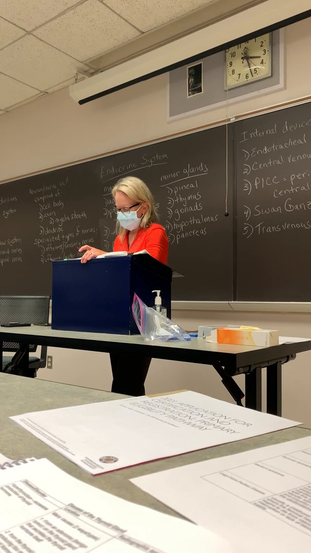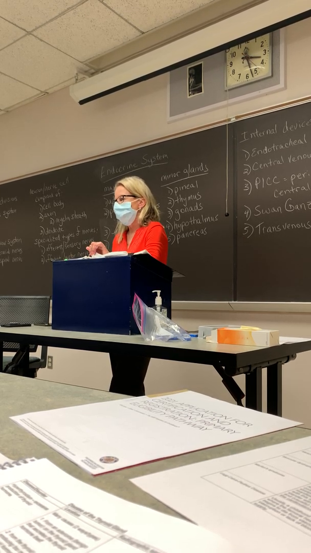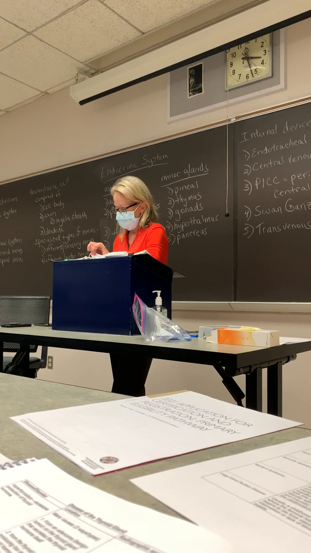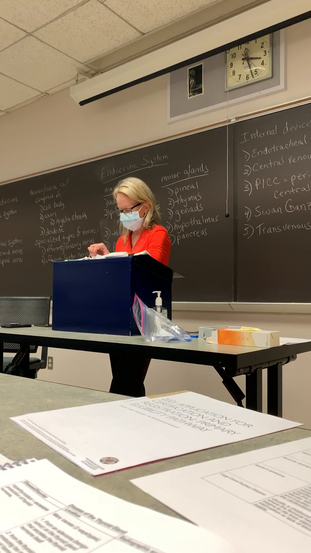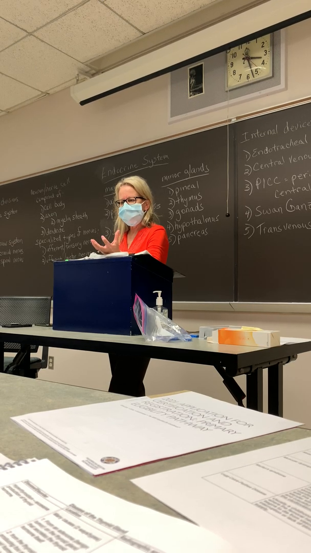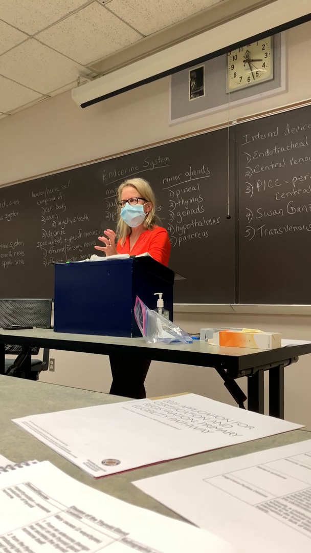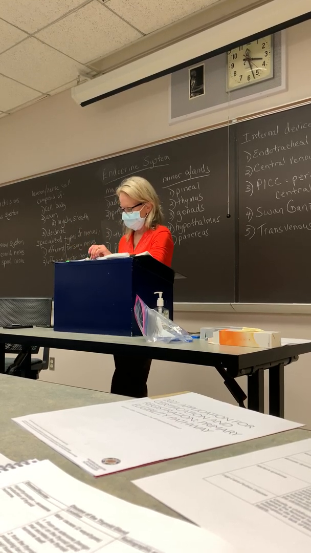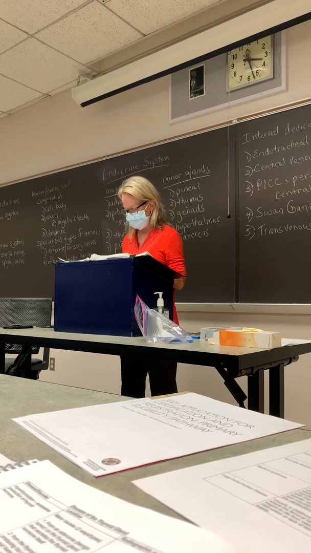Acromegaly is hyperpituitarism after bone growth has stopped, so this is in the adult. It results in thickening of the skin. They have big fat pads, like their heels are huge.